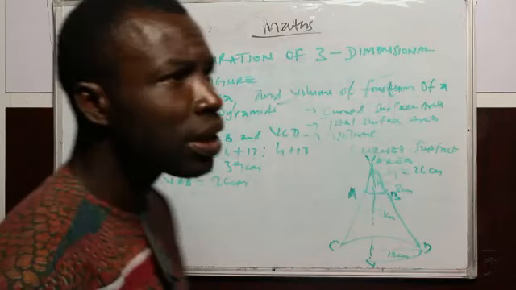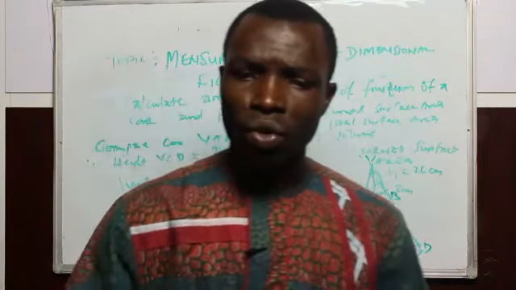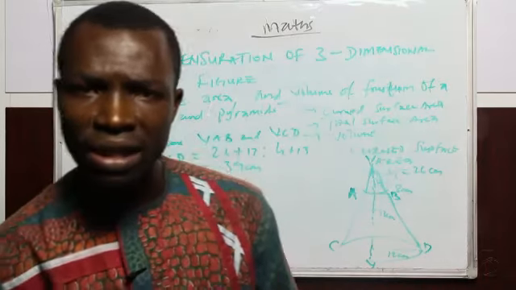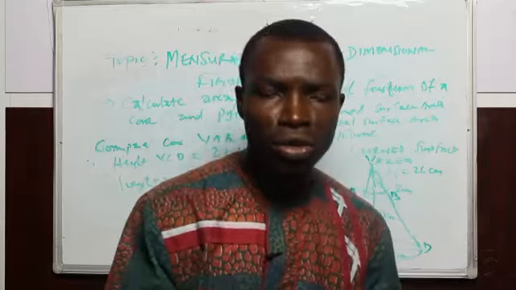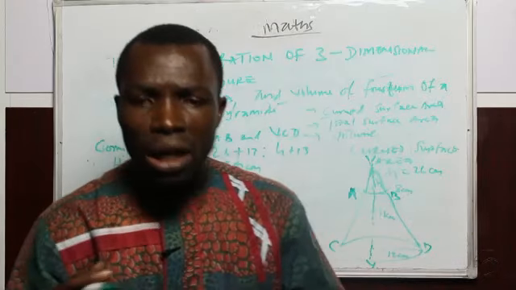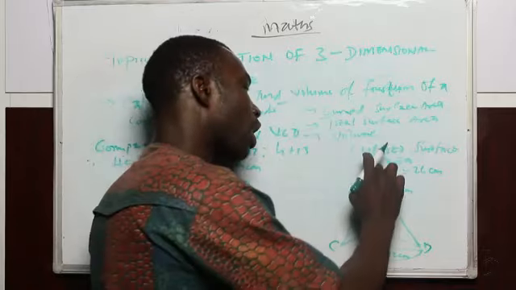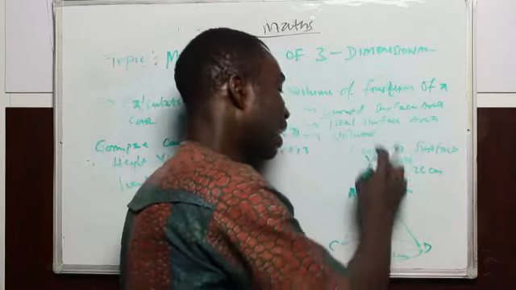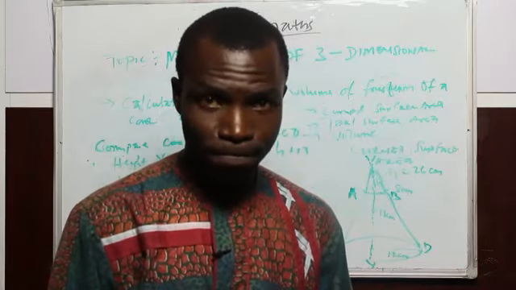I told us about Pythagoras theorem from the beginning. When we're dealing with trigonometry, SOHCAHTOA, and Pythagoras theorem, this is the point at which you apply Pythagoras theorem, because the slant height is always larger than the other two sides. That was what Pythagoras told us.